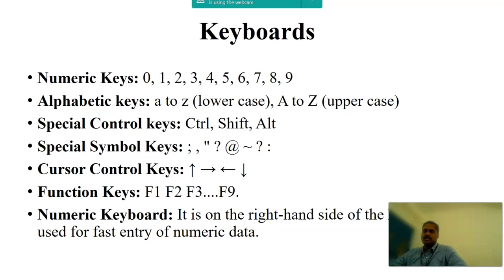The next one is the function keys. Function keys are special keys used in keyboards, and each does some particular task. For example, if you press the F5 key, it will refresh the screen. The F8 key will increase the screen brightness.